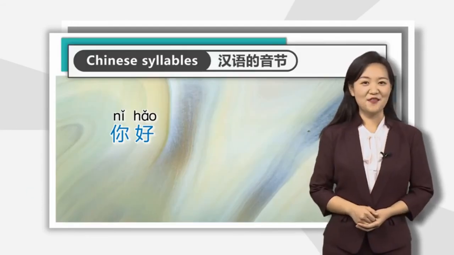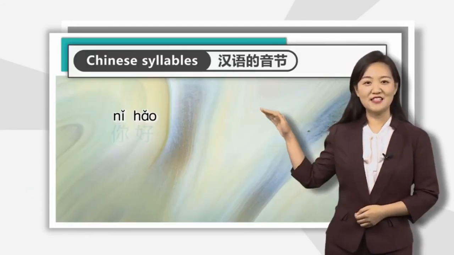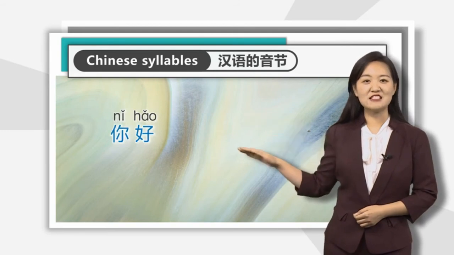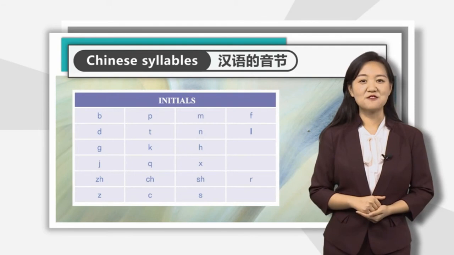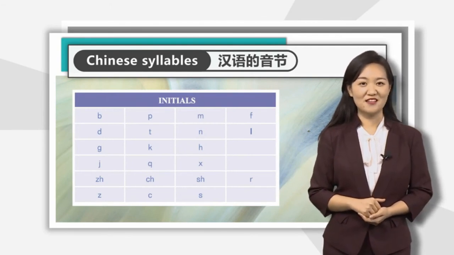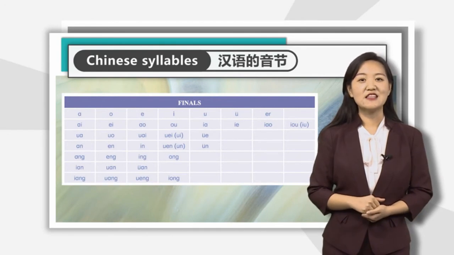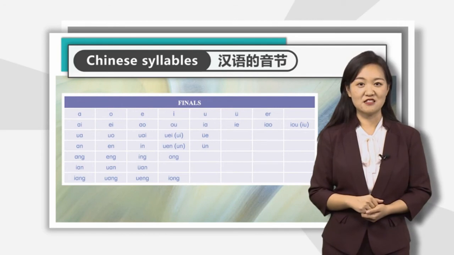As you can see, the upper part is pinyin and the lower part is character. The pinyin system is a romanized representation of pronunciation of Mandarin. It's a tool designed for people to learn the correct pronunciation of characters and to look up unknown characters in a dictionary.